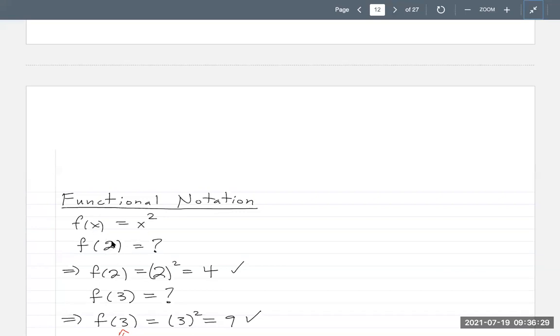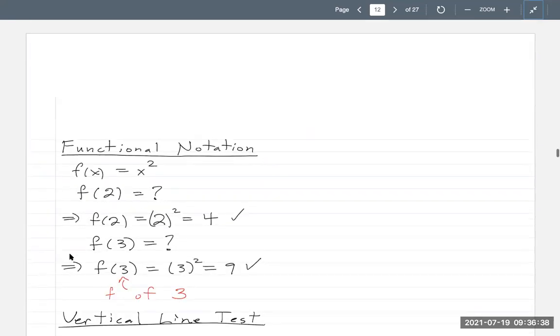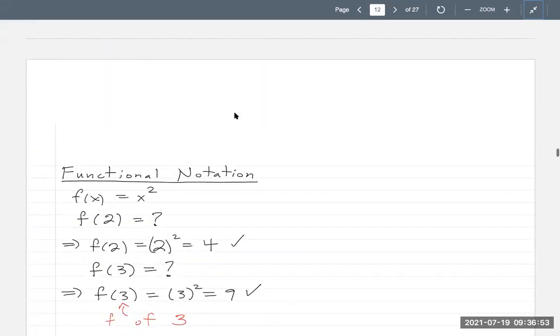And so f of 2 is 2 squared, which is 4. Same exact thing I did here. Now let's figure out f of 3. Wherever I see an x here, I replace x by 3. 3 squared is 9, just like what we got before.